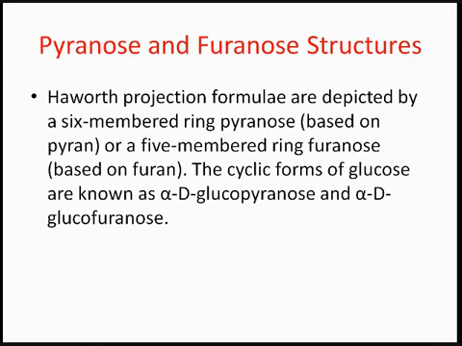When the aldehyde group of a monosaccharide reacts with its own alcohol group, that is the OH group, the resultant compound is known as a hemiacetal. I already showed you an example.